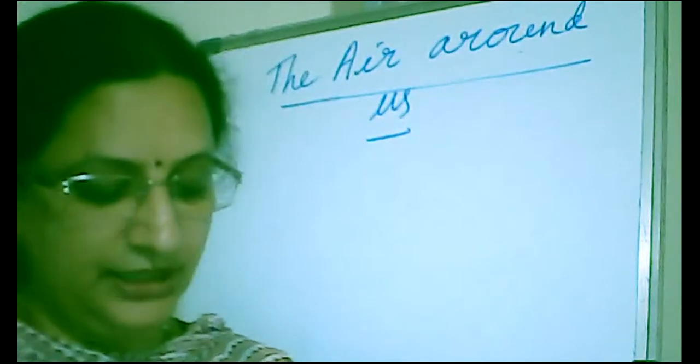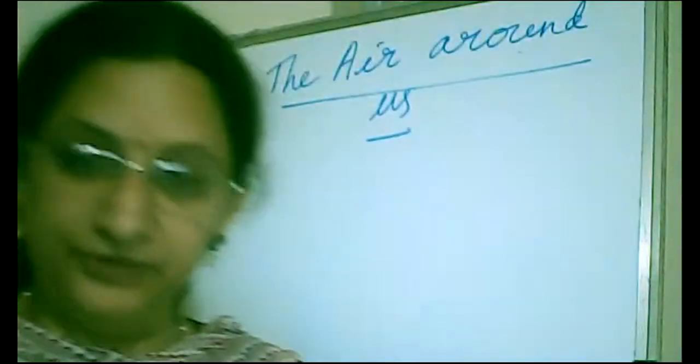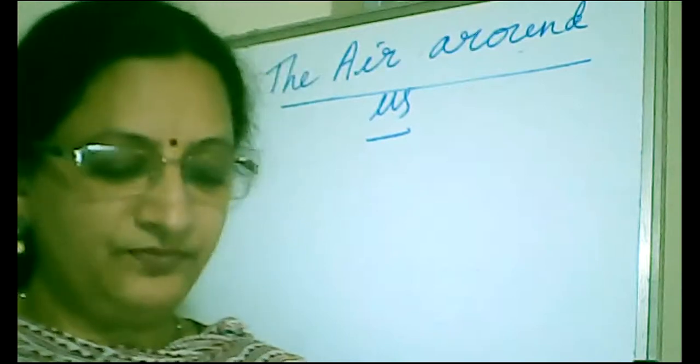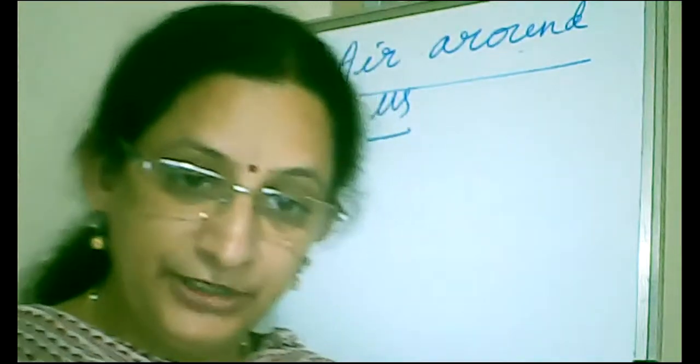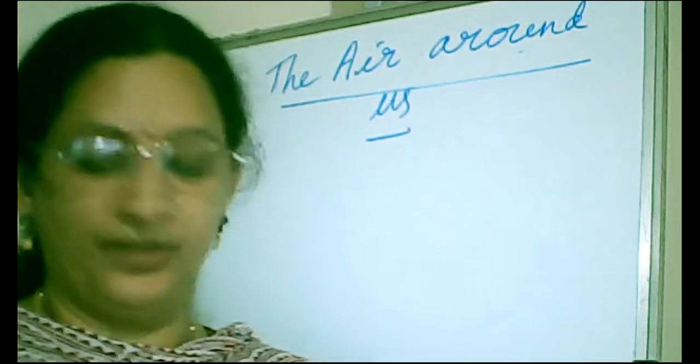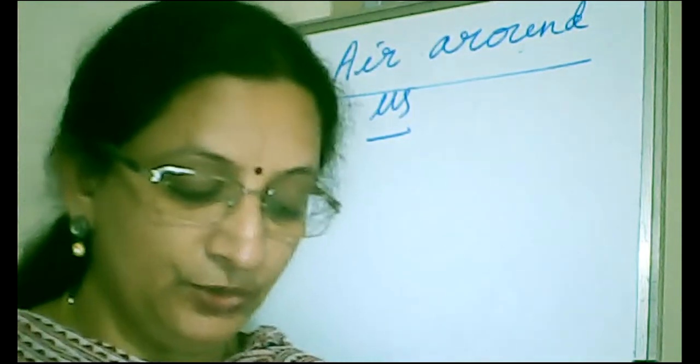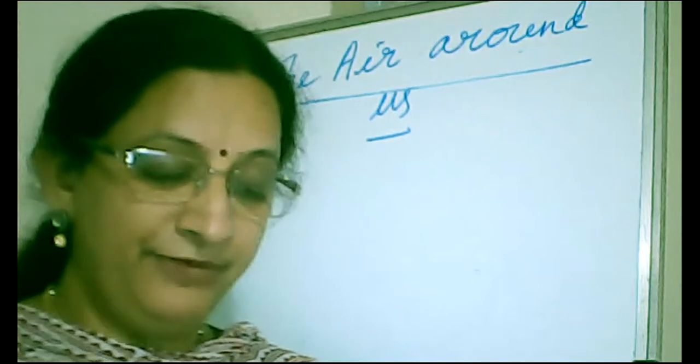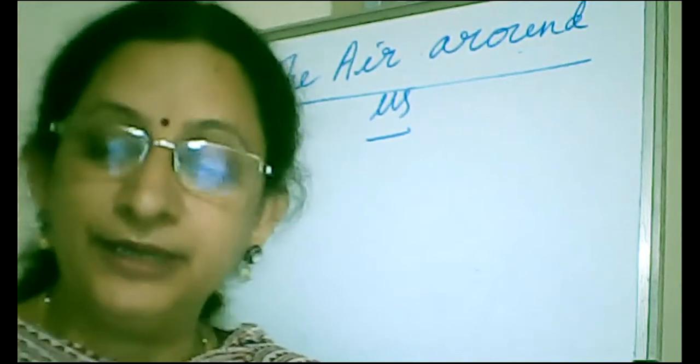Can you see the cloth line here? When you put the clothes on the cloth line like this, they will get dried very fast because of the air. You may have seen your mother washing clothes at home. When we wash our clothes, they become wet.